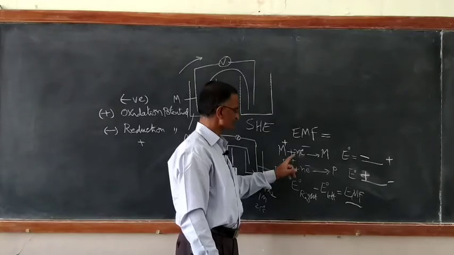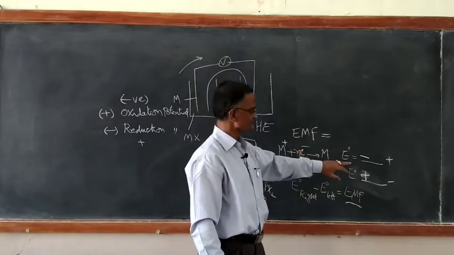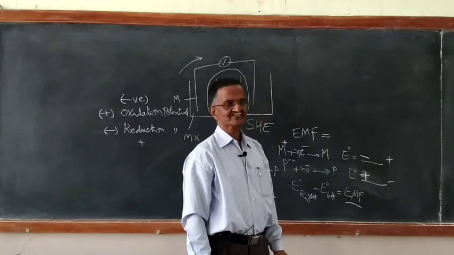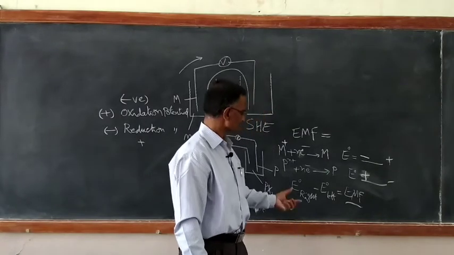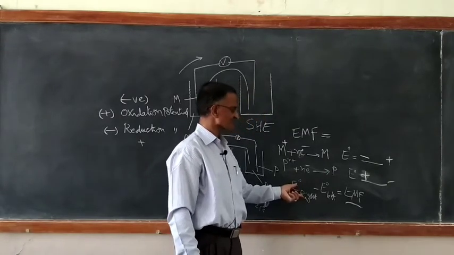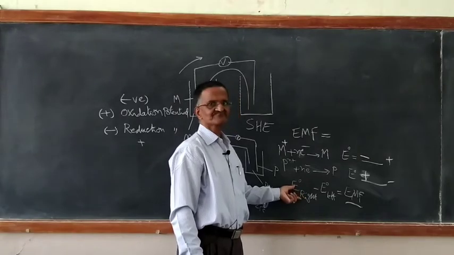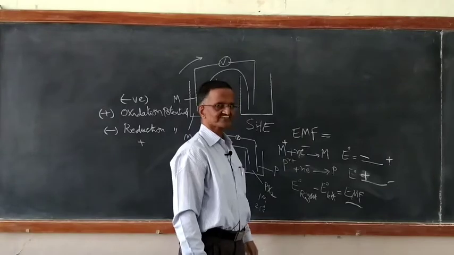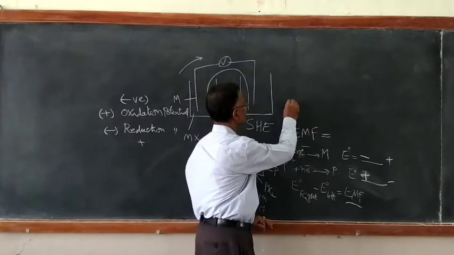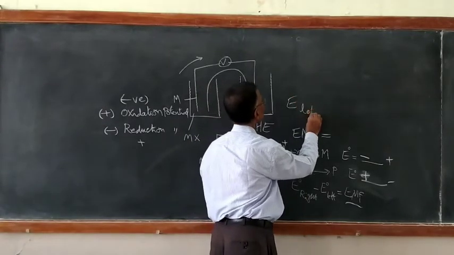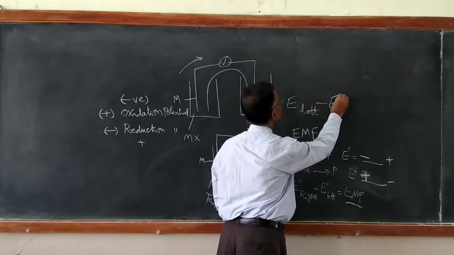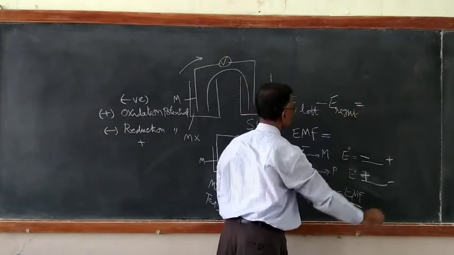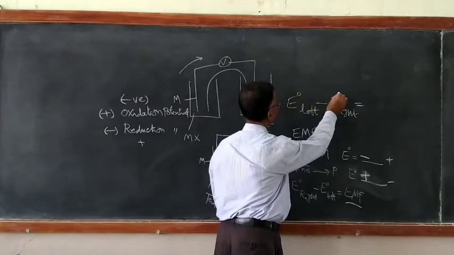So if your electrode potentials are in terms of oxidation potentials, don't say that again I will make use of the same formula to calculate the EMF of the cell. In that case, what will happen? It is E left minus E right, standard E naught.